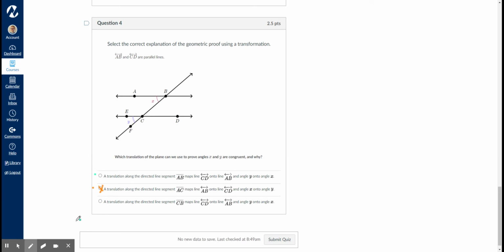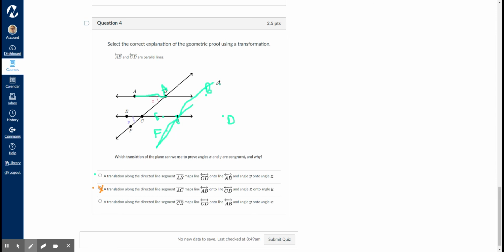A is a translation along directed line segment AB, so that takes point A to where point B is, which will bring point B over to here. D, C, label that, E over here, and F down there, brings our transversal to, oh, that was really bad.